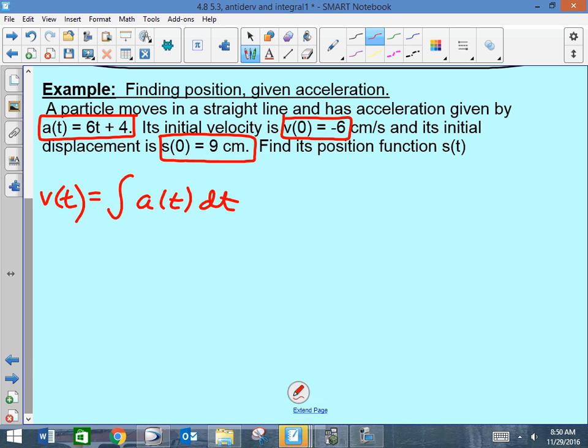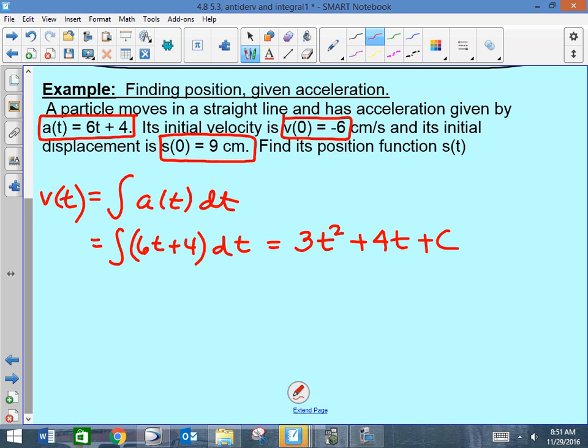Okay. Which is the antiderivative of 6t plus 4 dt. All right. Cindy. Okay. 3t squared plus 4t plus c. 6t, 4, yes.